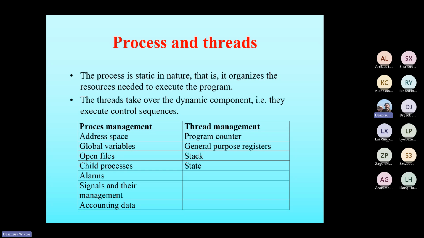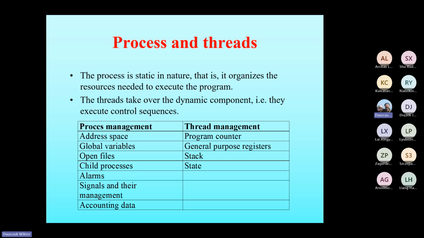And the dynamic aspect of running a process was shifted to threads. Threads took the dynamic aspect of a process, and a process preserved the static view, which is a set of resources, distinguished from all the resources to run a program.